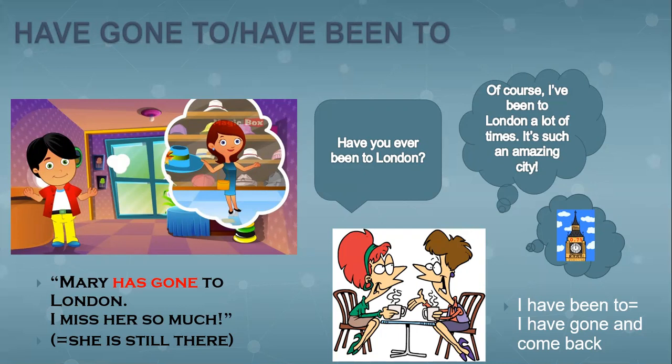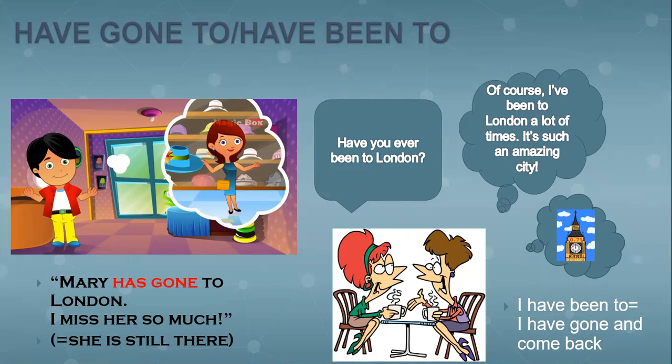But when I say my mom has been to the supermarket, that means she went to the supermarket and she came back with all the groceries. So when I say, wow, look at all those fruits that we have, I say, mom has been to the market.